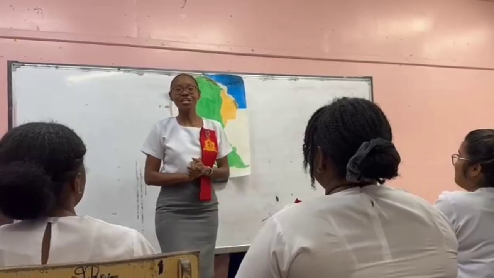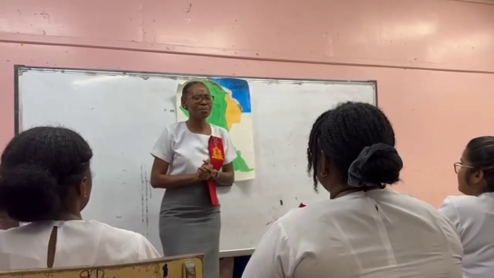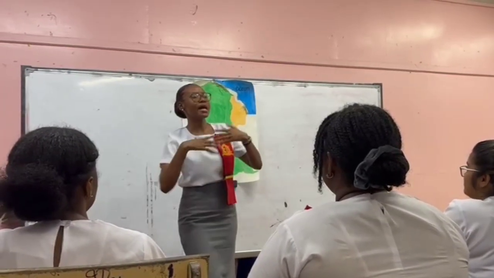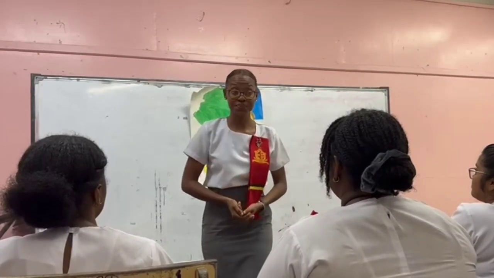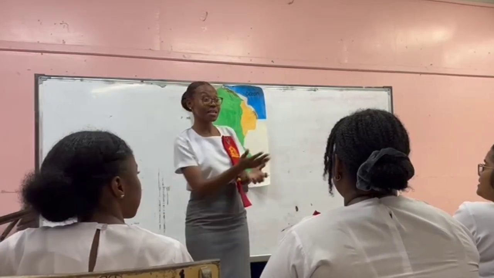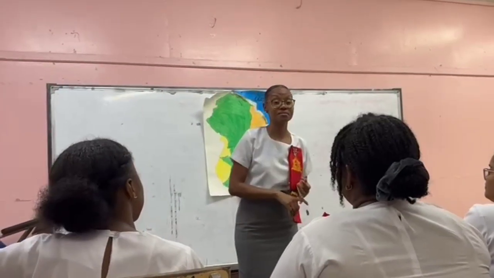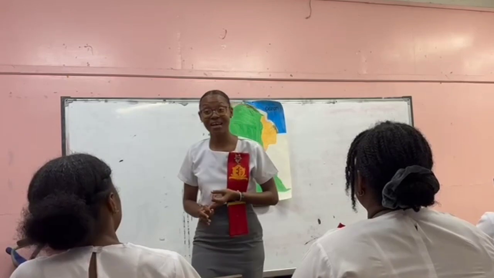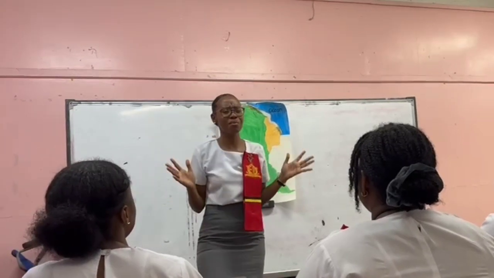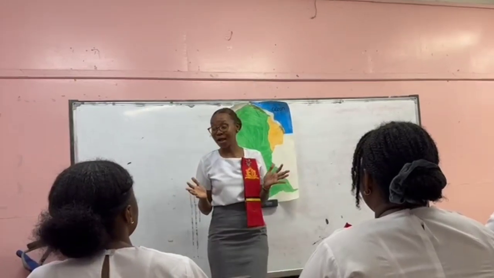And now, can any one of you tell me other types of sea animals that a fisherman would catch? Yes, crab, prawn, shark. Yes, and there are many others out there, right?